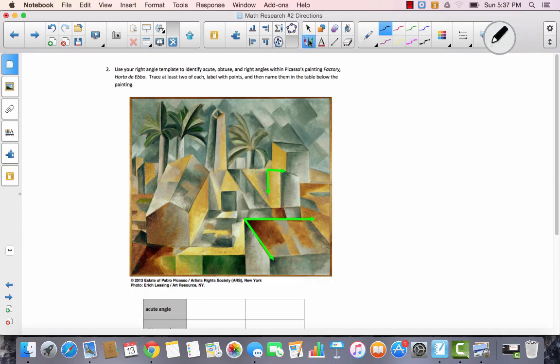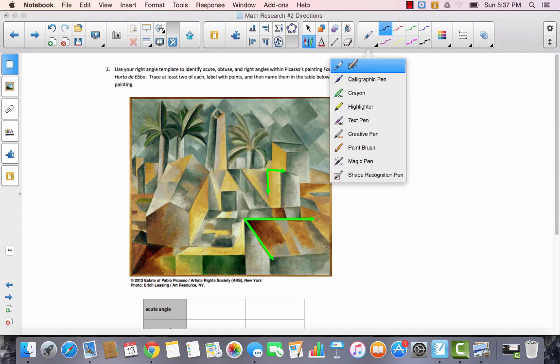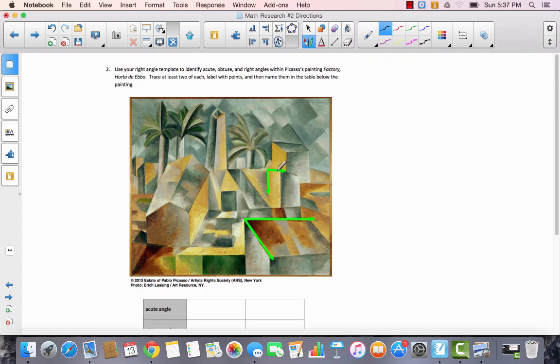I'm going to go ahead and grab my pen, and I'm going to write in some points. So an angle, remember, has 3 points. So I'm going to put a vertex and 3 points.